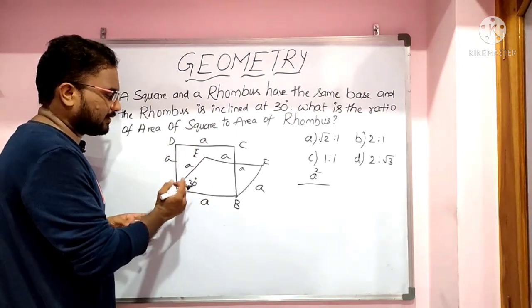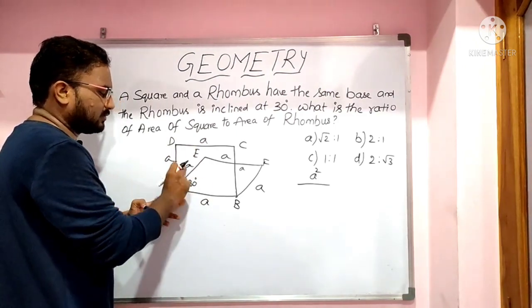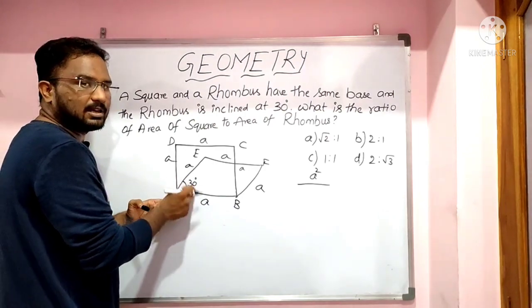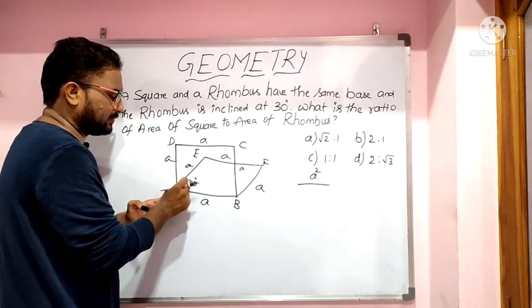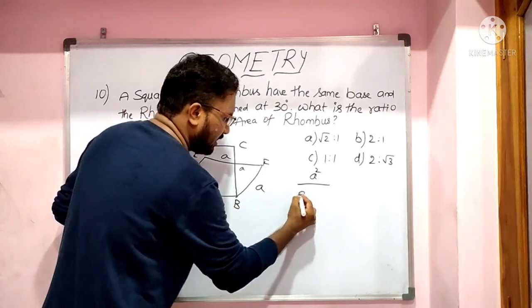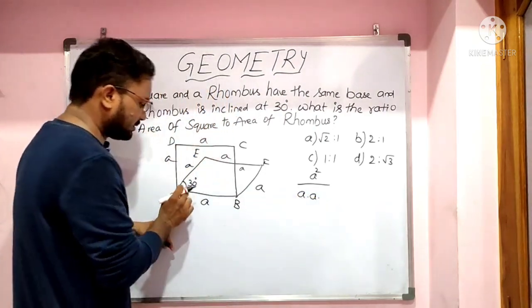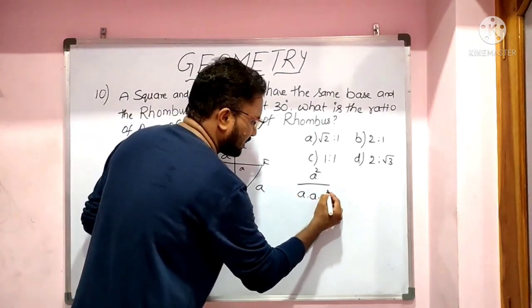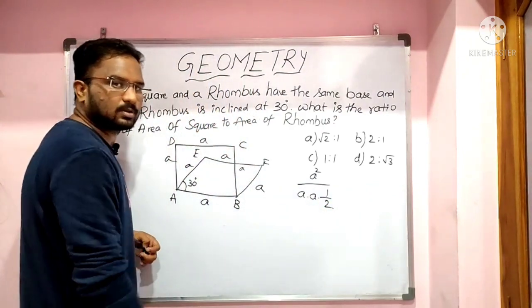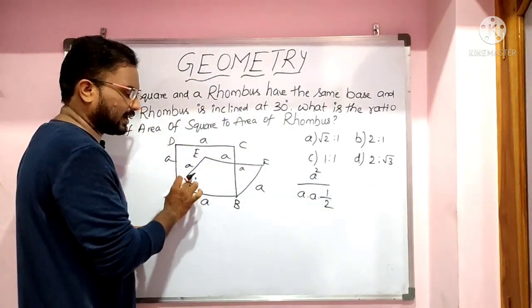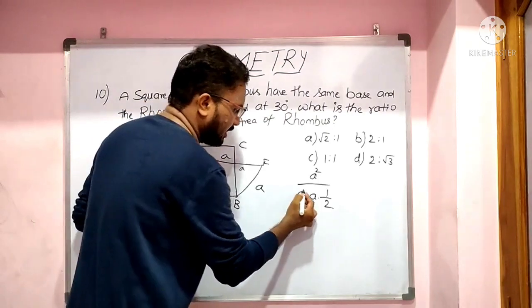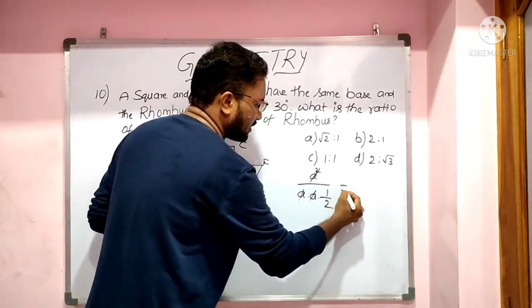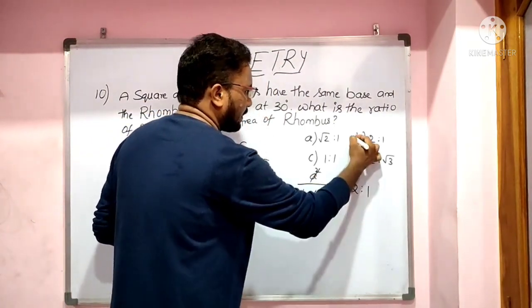Area of parallelogram is the product of two sides into sine of the angle between them. So A into A into sine 30, value 1 by 2. A square cancels. So answer 2:1.